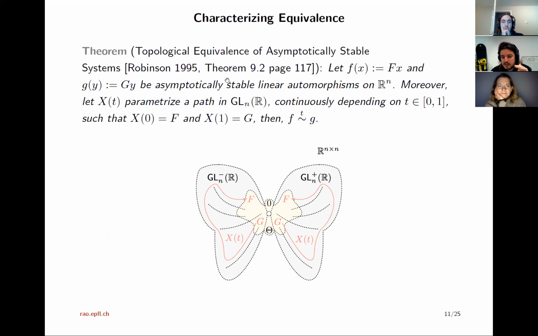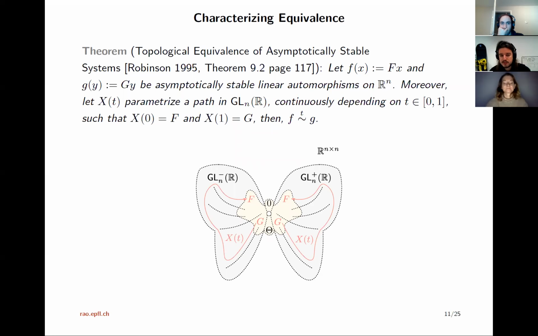This theorem states that if you have two invertible linear maps, which are both stable, and they belong to the same path-connected component of the general linear group, then the systems they parameterize are topologically equivalent. Visually, you can think of it like this: the set of asymptotically stable matrices might not fully coincide with the general linear group. But if you have two matrices F and G, which are both stable and in the same path-connected component, then indeed the corresponding systems are topologically equivalent.